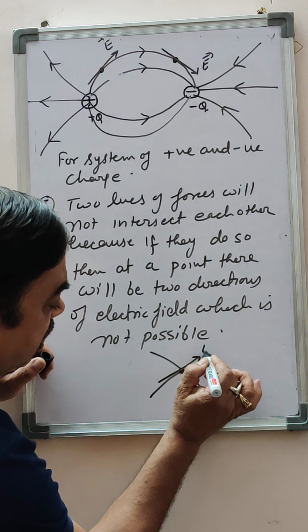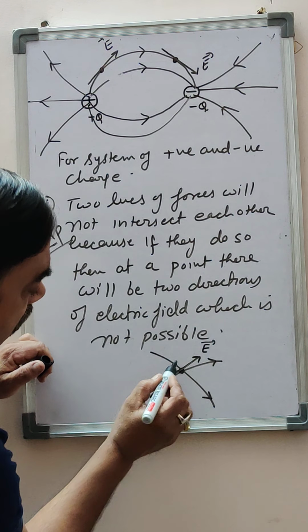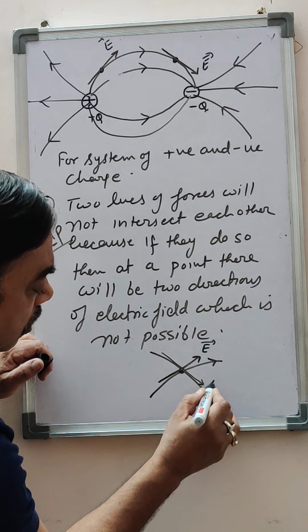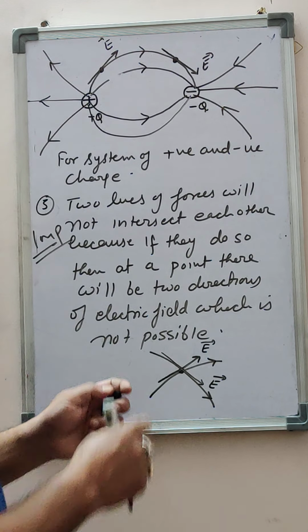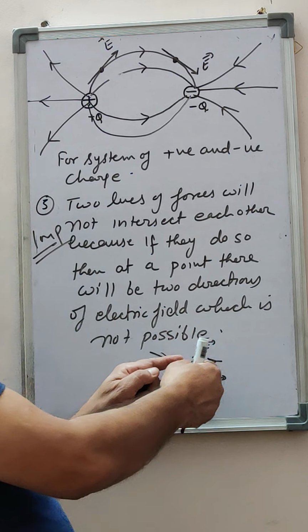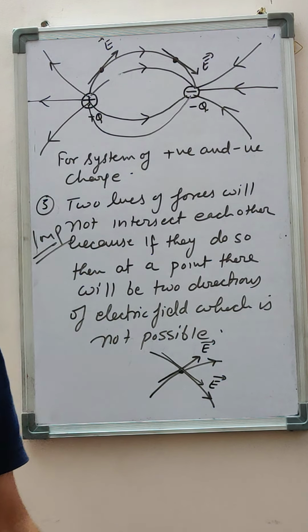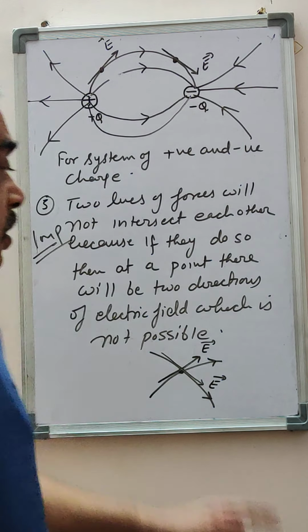So this is the direction of field, and the other tangent will be in this direction. This is the direction of field. So at a point there will be two directions of field, which is not possible. So if you have to write why they do not intersect each other, you have to write this.